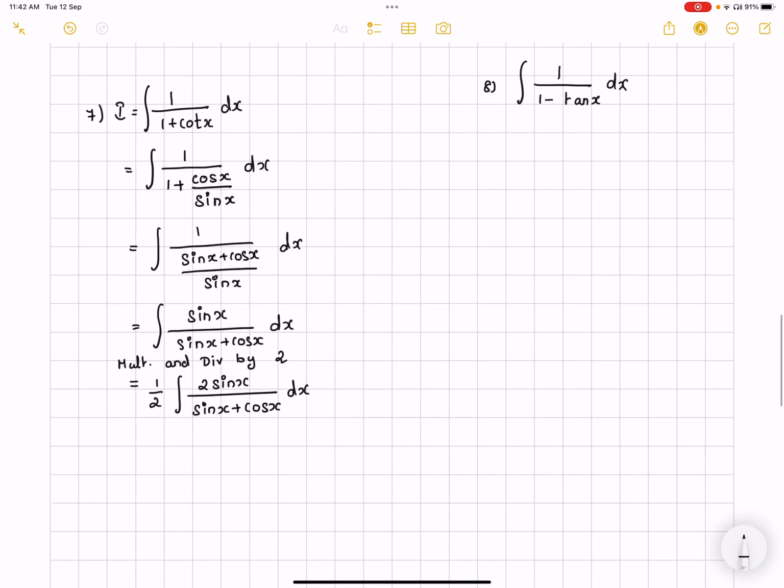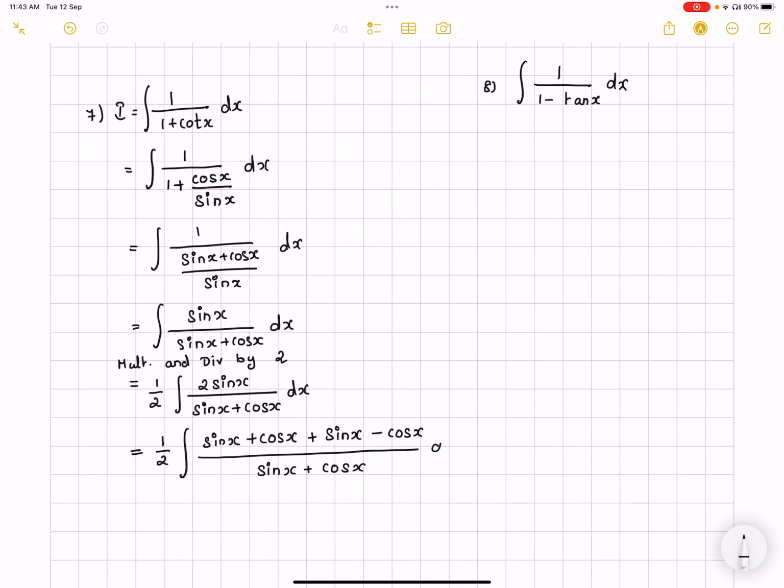So now here, half, I have sin x, then plus cos x, so I'm introducing cos x also, and then plus again a sin x. When I'm introducing cos x, I need to balance it, so I'm introducing minus cos x here. Both plus cos x and minus cos x get cancelled, so I would be having 2 sin x, divided by sin x plus cos x.